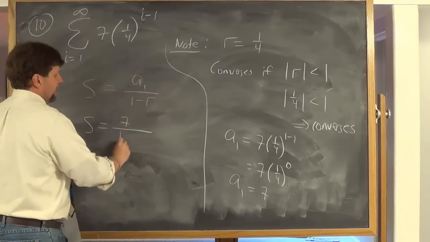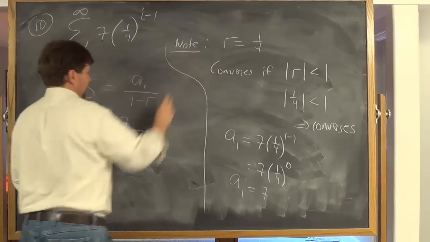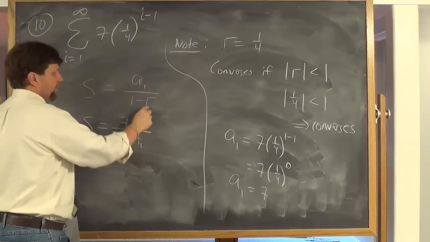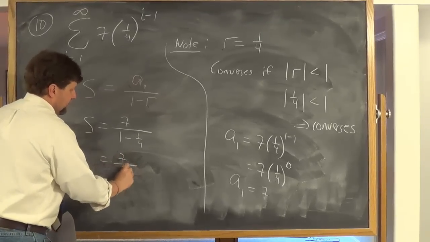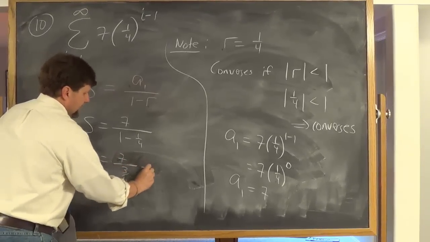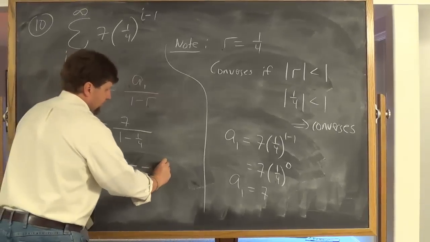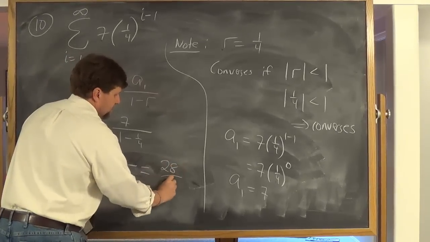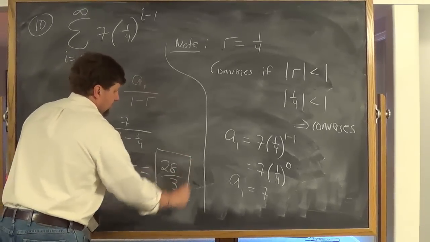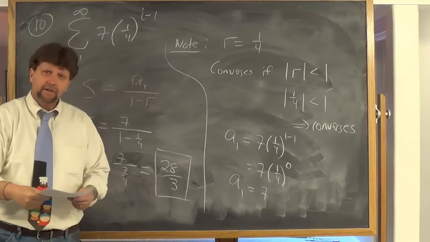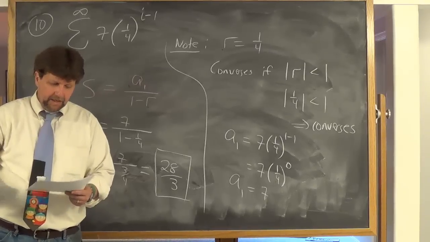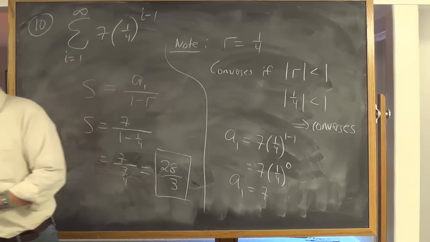And we already noted the common ratio is 1/4, so I put 1/4 in here for r. So I get 7 over 3/4. And 7 divided by 3/4 is 28/3. So the sum of that infinite series is 28/3. And that's it for number 10.